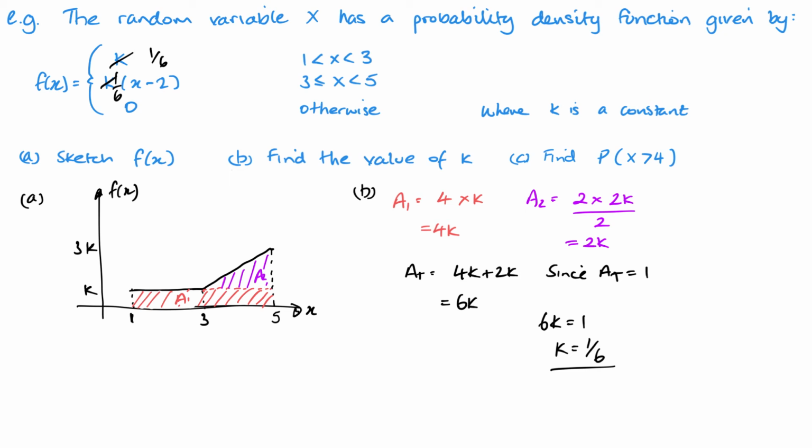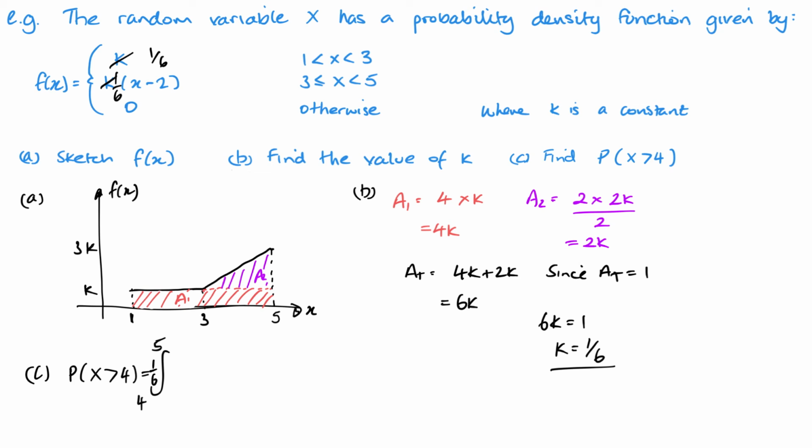So for part C, I want to find the probability where x is greater than 4. What that means is I'm going to integrate between 4 and 5, because anything outside of this 1 to 5, so 5 and above, below 1, is going to have a probability of 0.